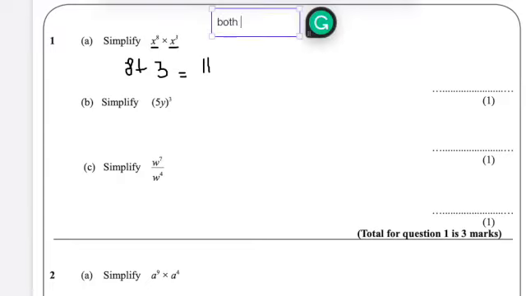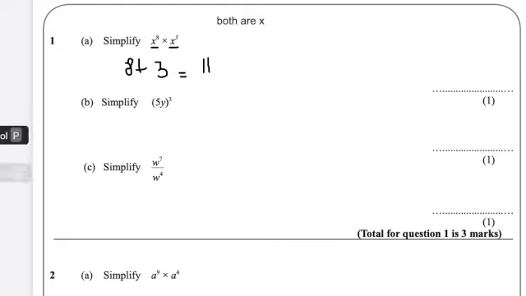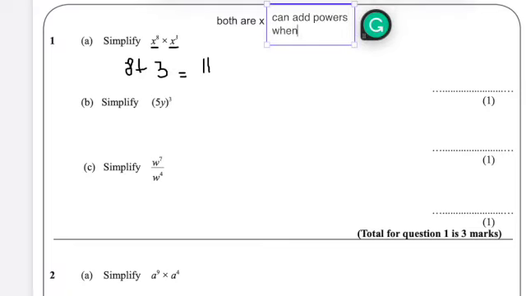I'll just write it down for you to see. It's because they are both x. For example, if it was x and y, you wouldn't be able to do that. It's because they were the same letters that you're then able to add the powers, because of rule 1.